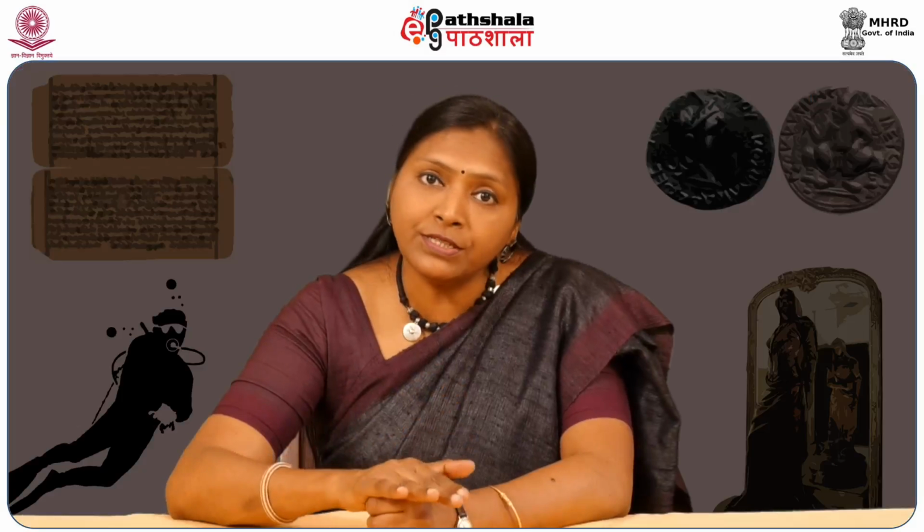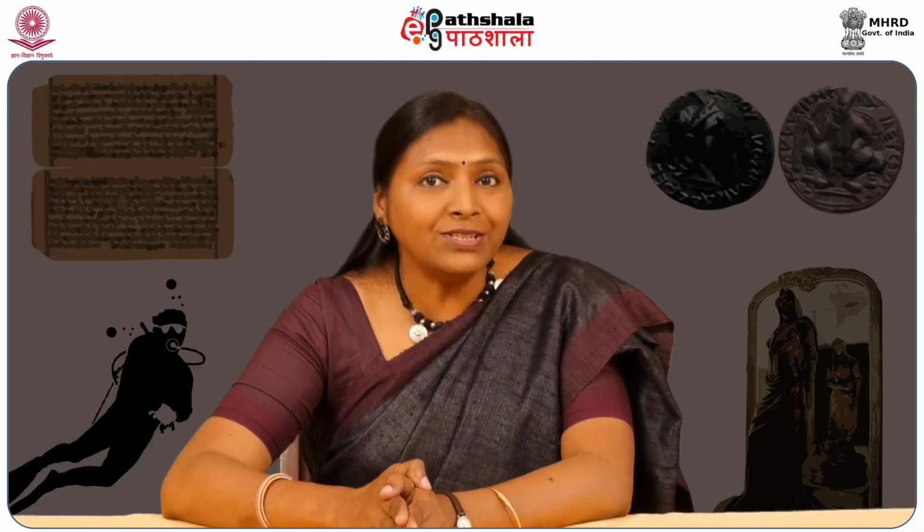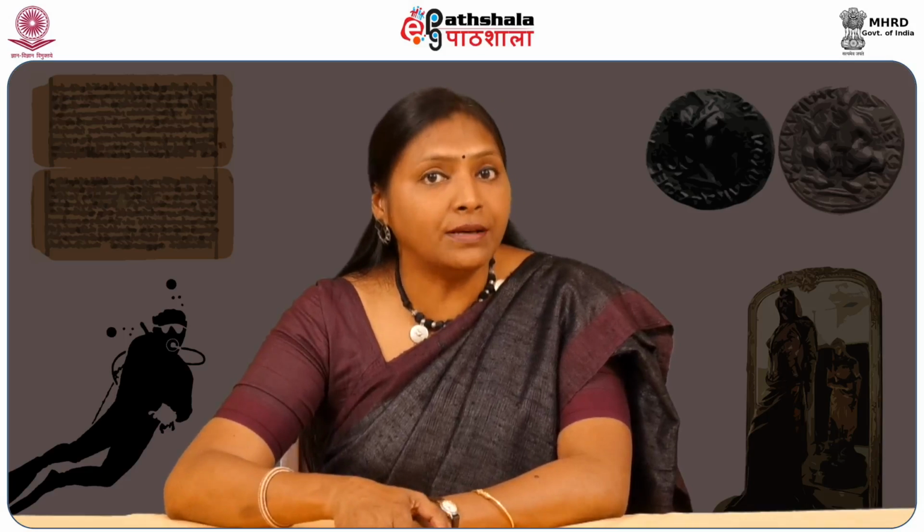So this is the first occurrence of the name of a woman on the coins, and these coins are very interesting because in the center you have the name of Nayanika and outside you have the name of Sri Satakarni, who is her husband.